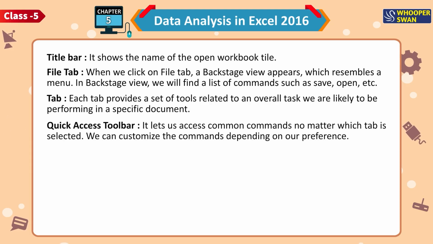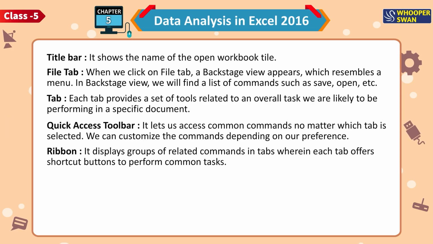Quick Access Toolbar. It lets us access common commands no matter which tab is selected. We can customize the commands depending on our preference. Ribbon. It displays groups of related commands in tabs wherein each tab offers shortcut buttons to perform common tasks.